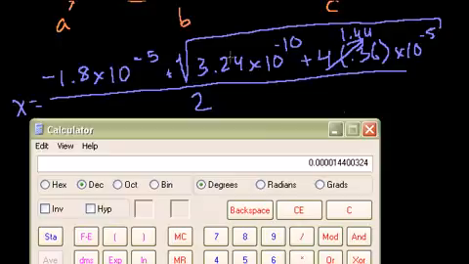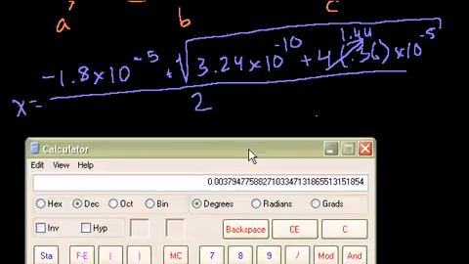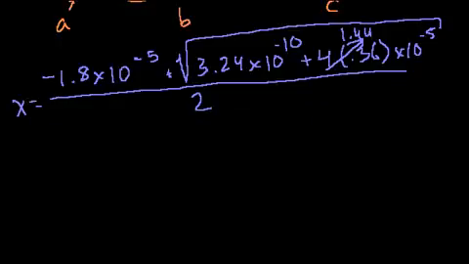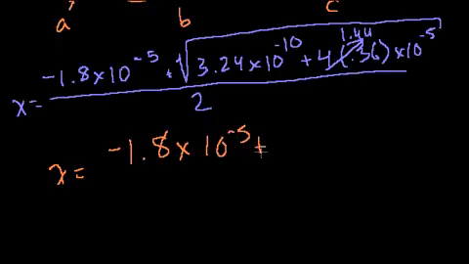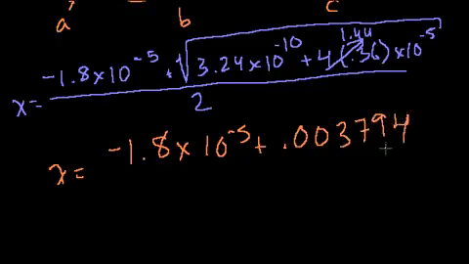So that's this whole thing under the radical, and I want to take the square root of that, so that is to the 0.5 power. So I get 0.00379. So I get x is equal to minus 1.8 times 10 to the minus 5 plus 0.00379, all of that over 2.